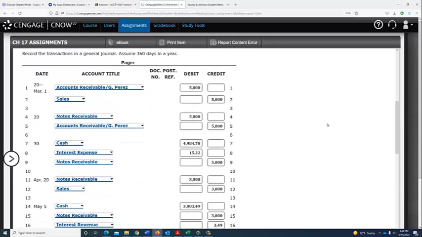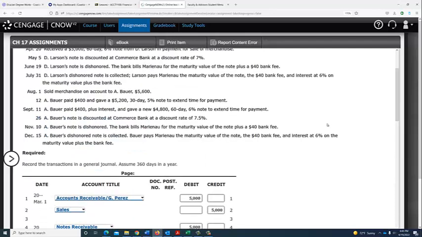On November 10th, Bauer's note is dishonored. So the $4,800 note that we just discounted has been dishonored. Bauer did not pay the bank, so we are going to have to pay the bank in their place, plus a $40 bank fee.